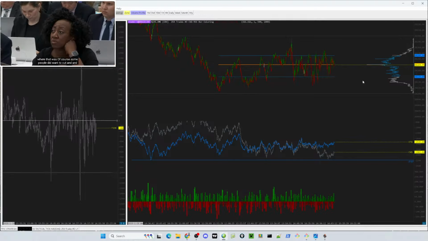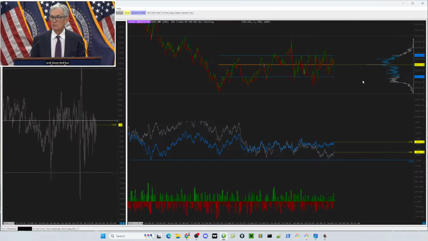We're not trying to articulate a test for when to next cut or whether to cut at the next meeting. What we're saying is we're well positioned as we make decisions meeting by meeting, looking at the incoming data and evolving outlook.